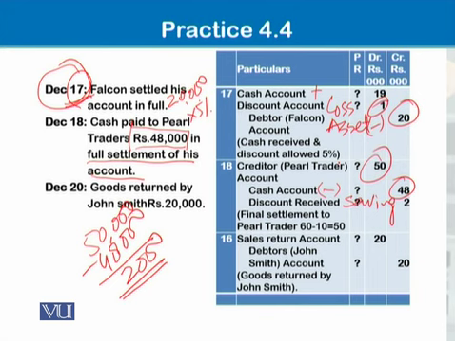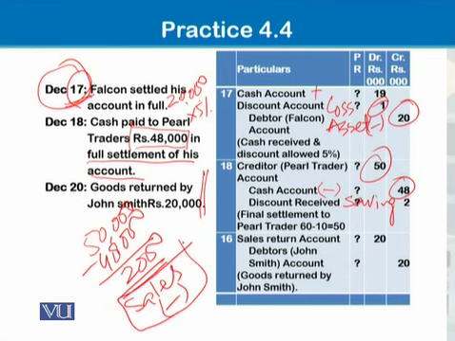And then comes goods returned by John Smith. Now, John Smith, who was our debtor, our customer, is returning goods to us. So when we are receiving goods from John Smith, it is sales return. So sales return would be debited, as it is a reduction in sales.